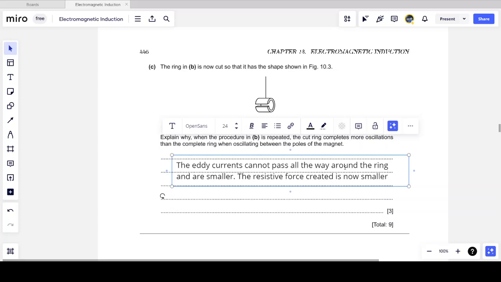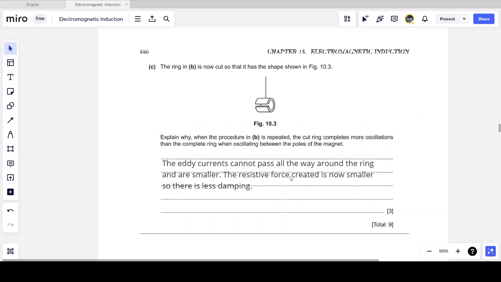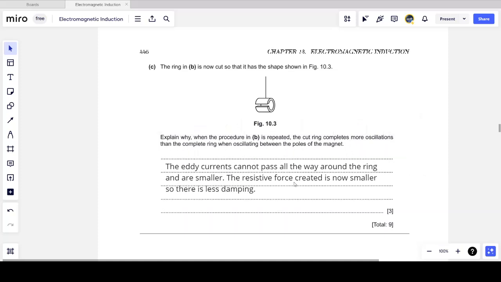And since the resistive force is smaller, there's less damping. And so the more I cut out of the ring, the less resistance I'd have, because there are fewer eddy currents, meaning smaller magnetic fields, meaning less opposition to the original magnetic field and hence less damping. So again, I have to make use of the knowledge of this metal being a conductor, not necessarily being magnetic.